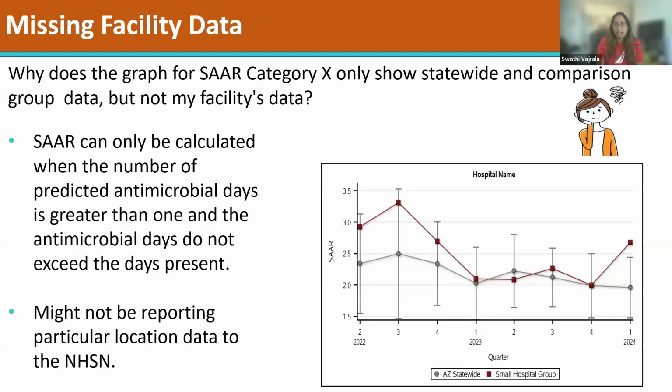If we do not have any data related to the eligible patient care locations, or the antimicrobial days are less than the predicted use, then it will not generate any SAR graph.